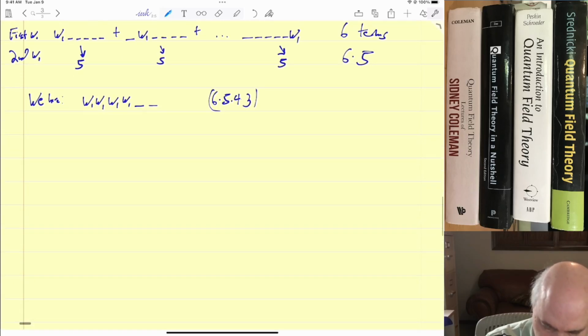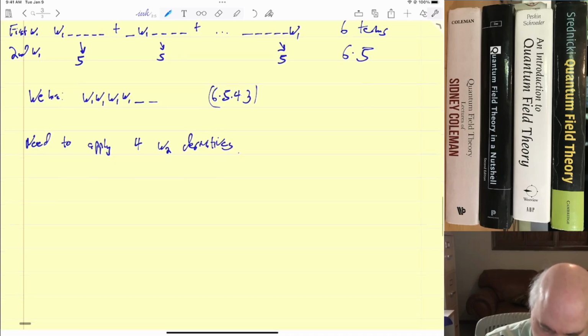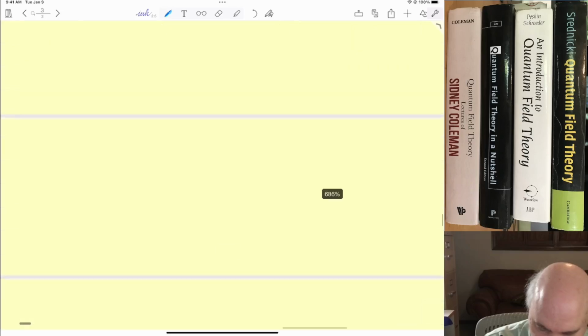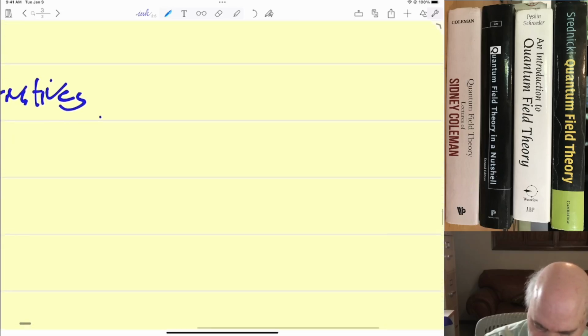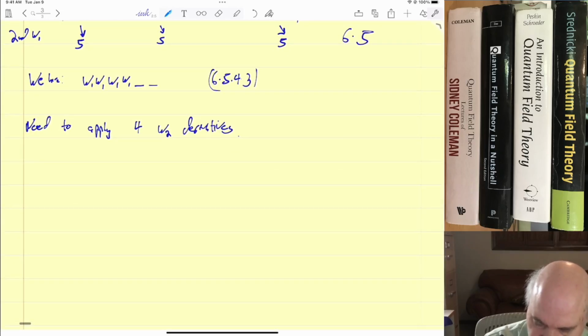Now we need to apply four W2 derivatives. So to see what happens here, we can do this in several different ways, but basically 2 of the derivatives have to hit this part, and the other 2 just go into the blank.